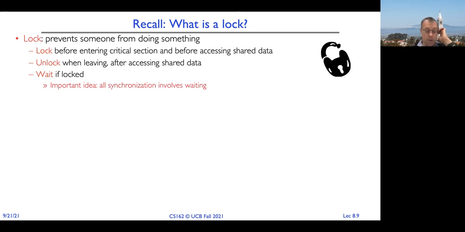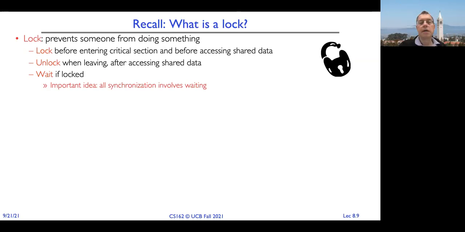Now, the one important thing which will come over and over again, and what makes the implementation of locks challenging, is that any lock implementation or synchronization primitive implementation involves waiting.